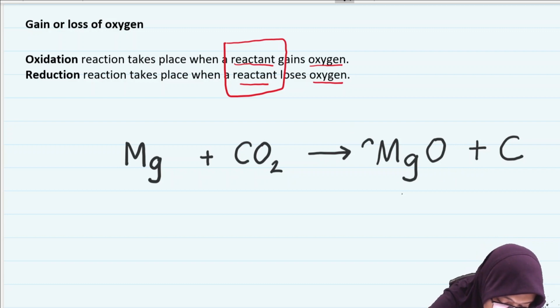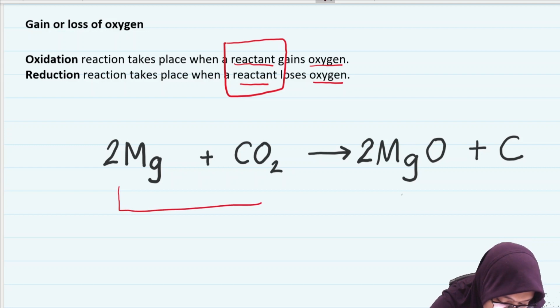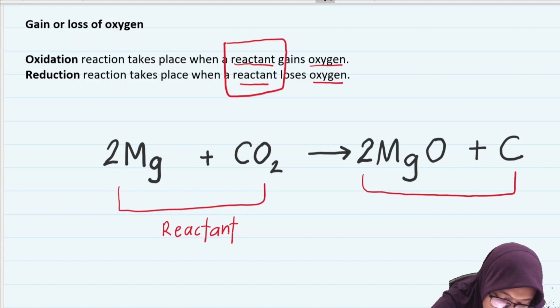So I will balance the chemical equation first. So in this reaction, as you can see, magnesium and carbon dioxide, this is what we call reactant. So I just label this first. So these both are called reactant. Okay, the one at the back here after the arrow, we call it as product.